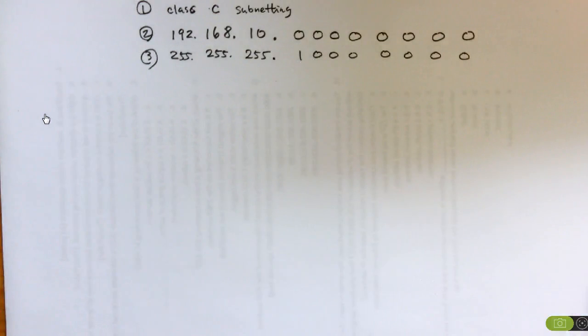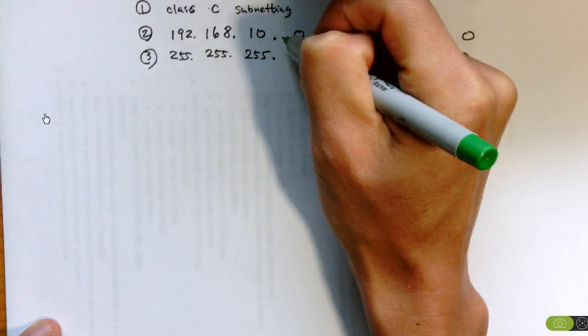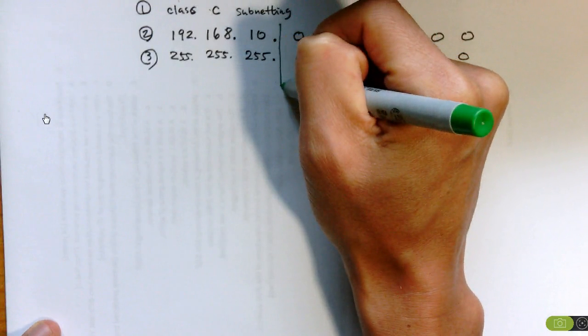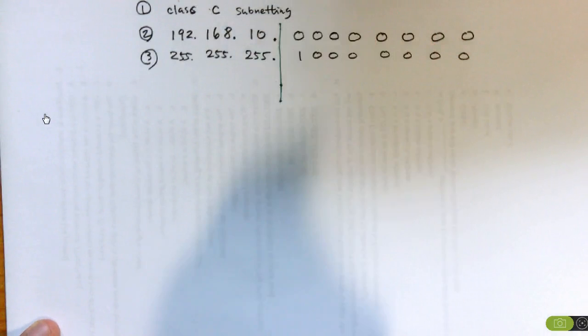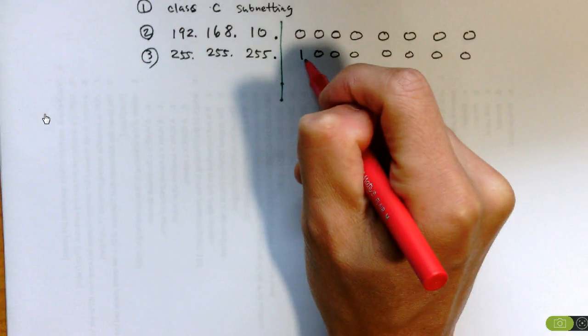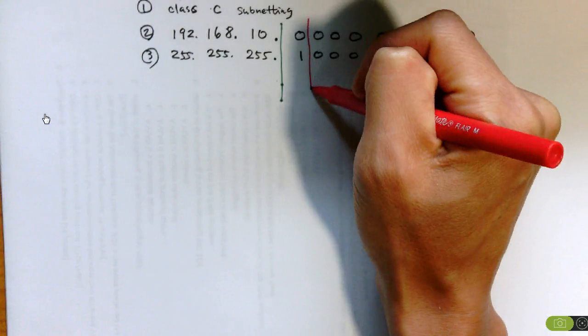First of all, this is class C, so I'm going to draw the line here. Next, I need to draw the line where the 1s end and the 0s begin, so I'm going to draw the line here.